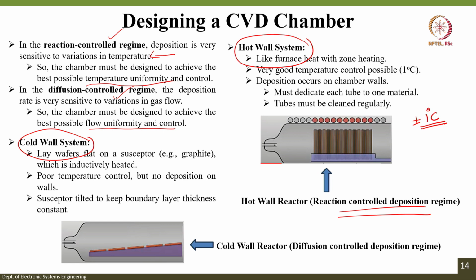So, based upon the requirement or the rate limiting step, the chambers would be designed so as to achieve uniformity. In a hot wall reactor, the concern will be to have good uniform temperature control, and in a cold wall reactor, the main concern will be to ensure uniformity in the diffusion process or uniformity in the precursor flow.